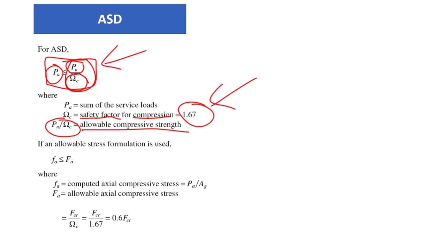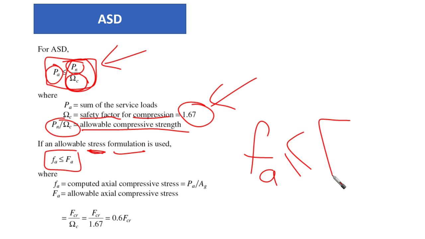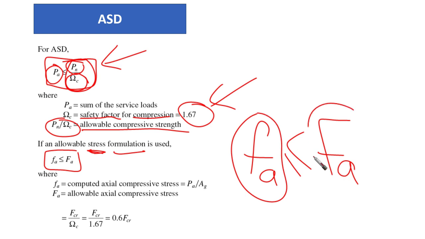Now if we are going to use the stress formulation rather than forces, then we are going to use this formula, which is fa should be less than or equal to Fa. Take care that this one is lowercase and this one is uppercase.